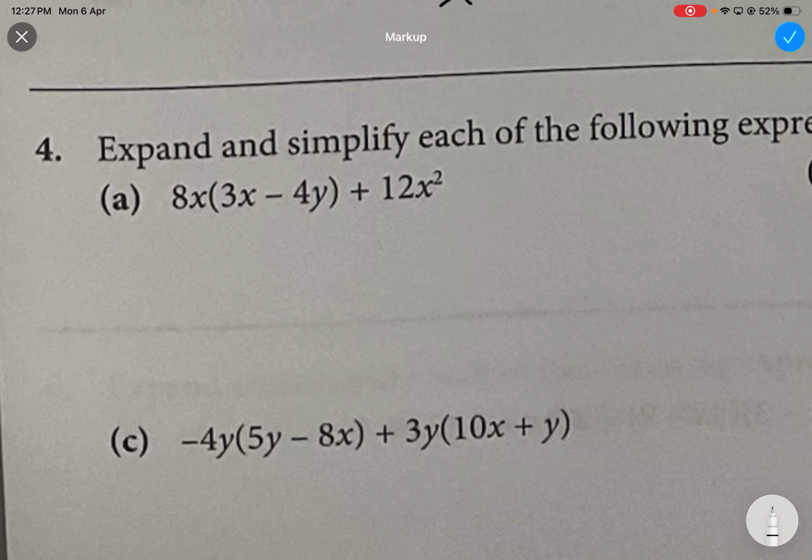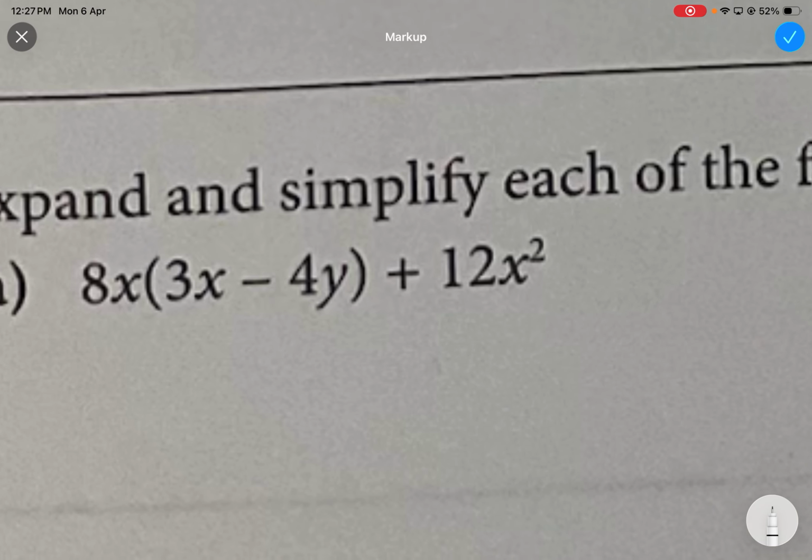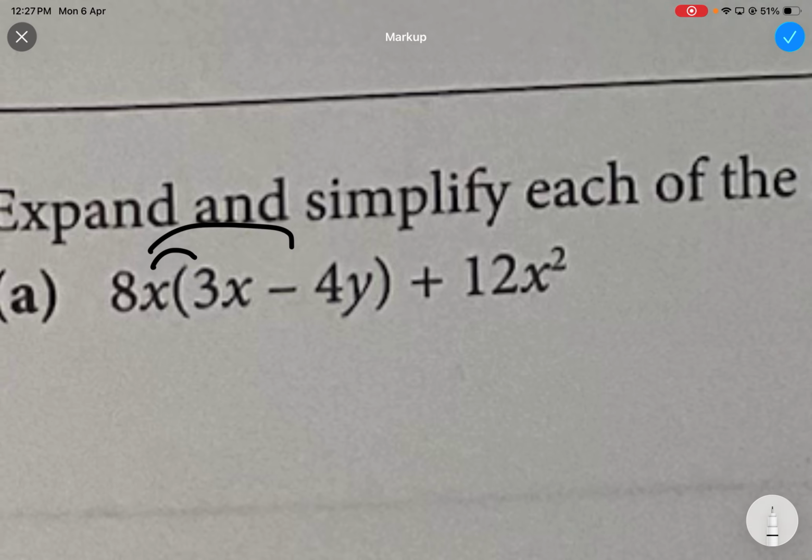Okay, question 4. You have an expansion here. After that, you add this 12x squared. So do the expansion first. Multiply comes first. 8x times 3x, 24x squared. 8x times x cubed. Then 8x times negative 4y.